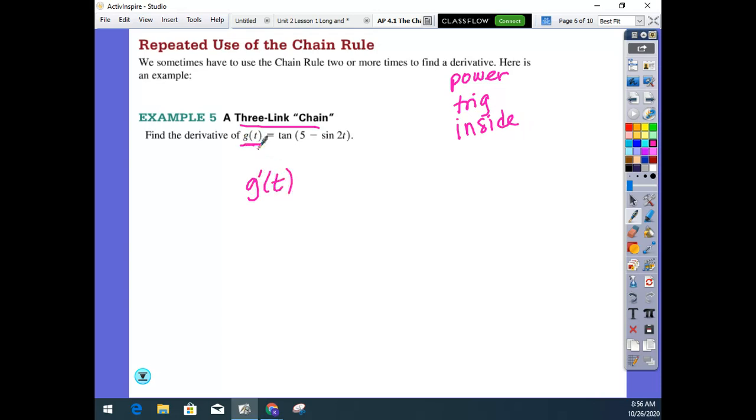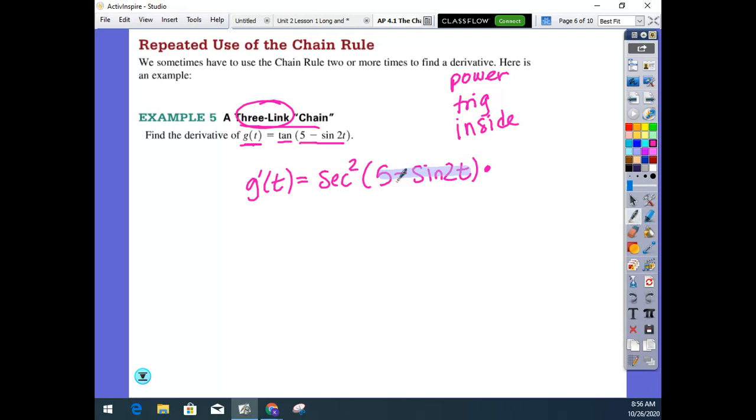If you notice g of t, whenever this is function notation, I just use my prime notation. There's no power, so I do the derivative of tangent, which is secant squared. The inside always stays the same, times, now I'm going to link it together. I'm taking the derivative of the inside. So what's the derivative of 5 minus sine 2t?